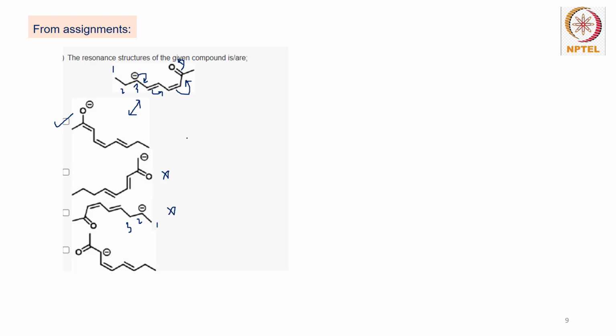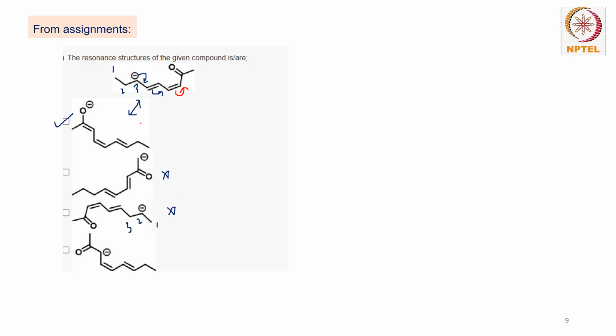Next is this one. If we just stop the movement of electrons at this position, then we will get this structure.